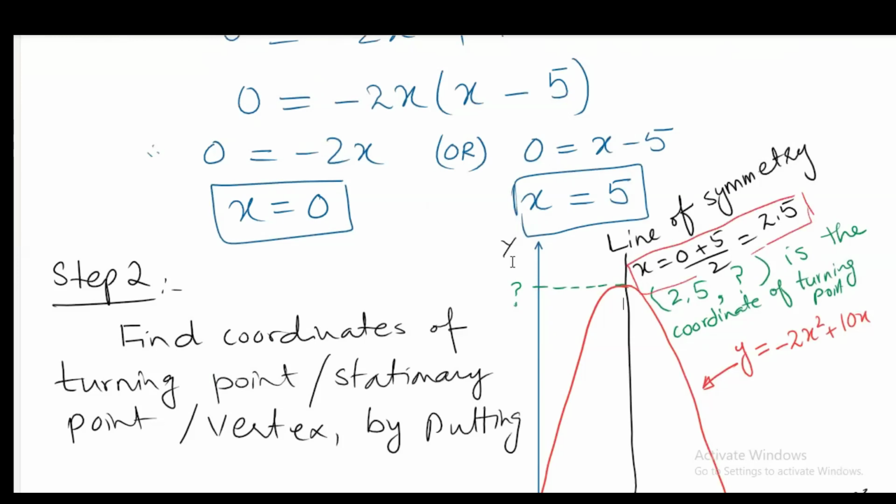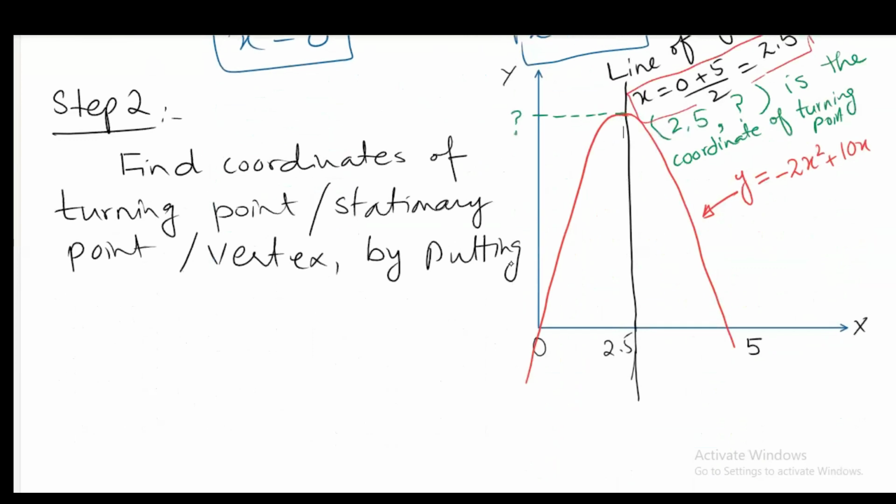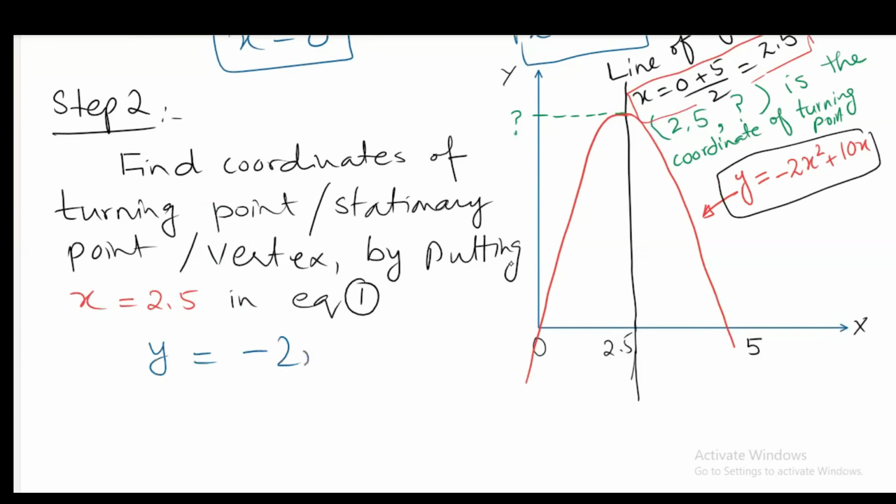So x equals 2.5 goes into equation number 1. The original equation was y equals minus 2x squared plus 10x. So we copy this and replace x with 2.5.